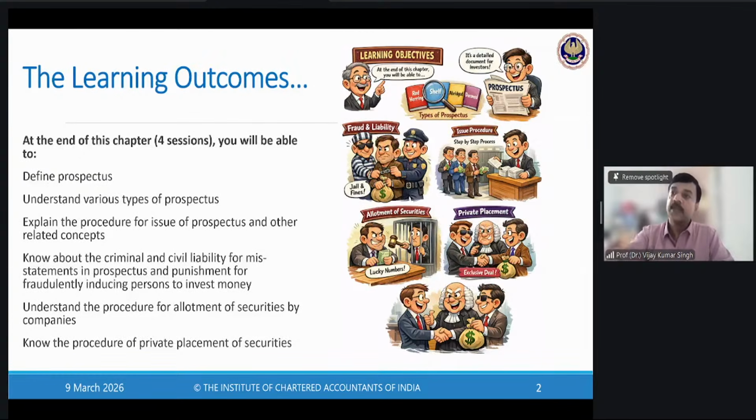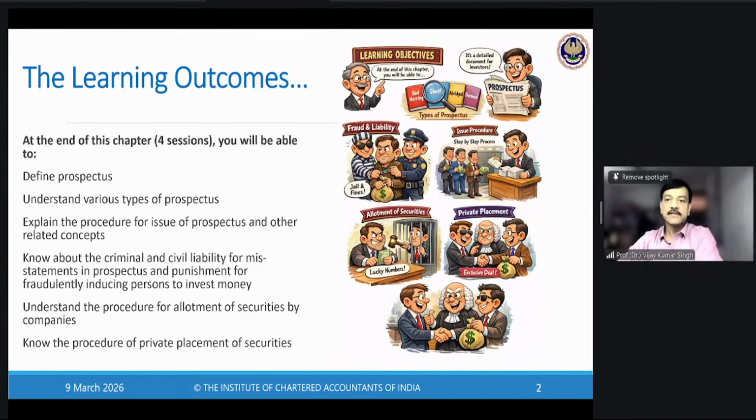So you should be in a situation to explain how the prospectus has to be issued, and what are the major things which need to be considered while issuing the prospectus. Then you should be able to know the criminal and civil liability for misstatement in the prospectus, because a prospectus is an offer document.